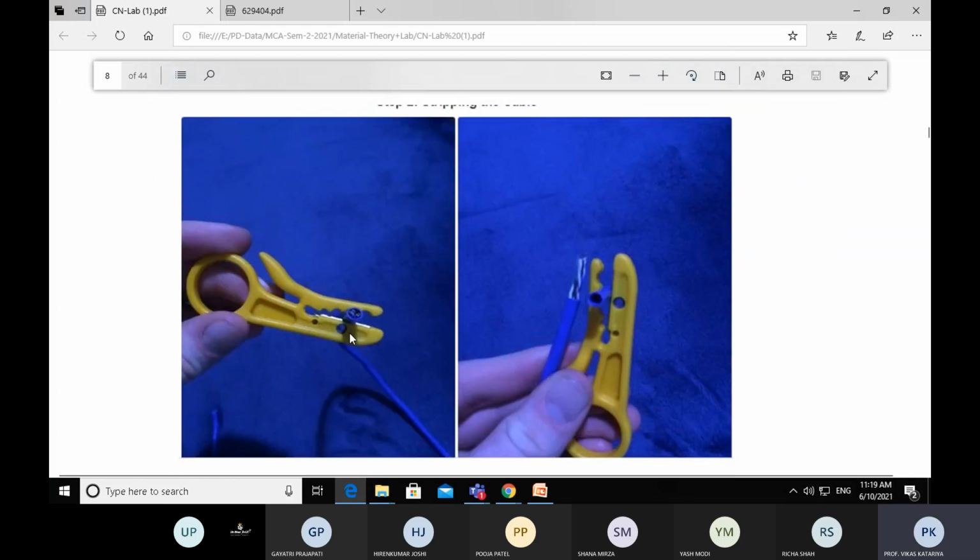After stripping, take out the shield and straighten the cable properly, because by default the pairs are twisted around each other. You have to remove the twist and make it straight so that the RJ45 can connect all the copper wires properly.